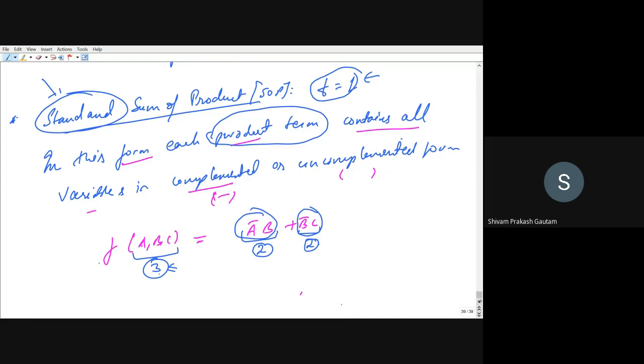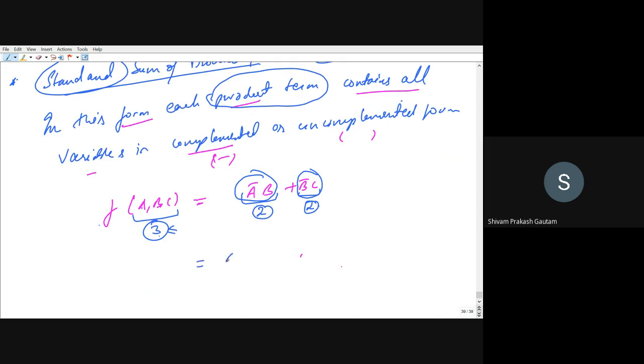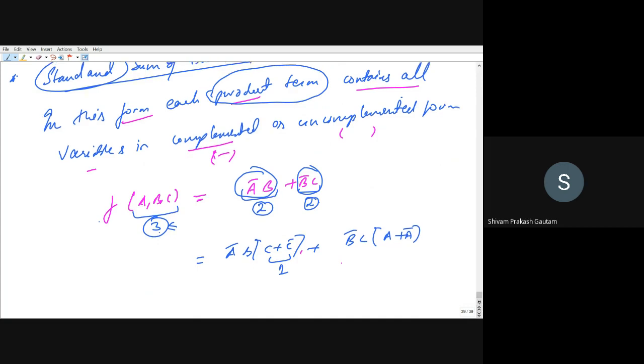So for A bar B, we can multiply by C plus C bar. If you multiply by C plus C bar, its value is equal to 1, so it will not make any change, correct? Similarly, B bar C, you can multiply by A plus A bar, right? Whatever the missing term is, you have to multiply it. Now you can open the bracket.